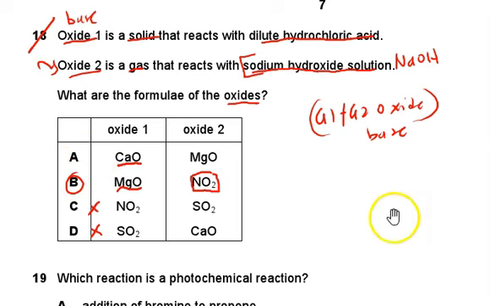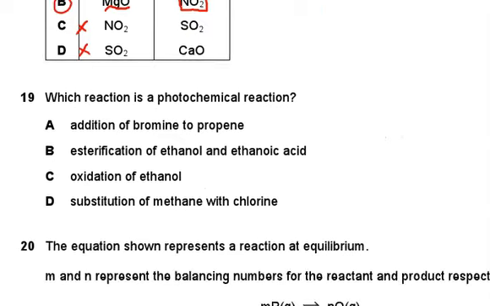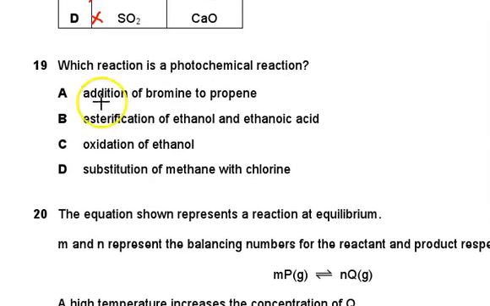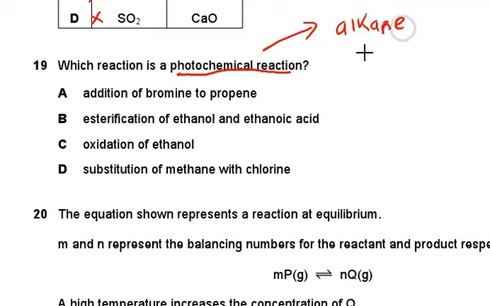Okay, now let us look at number 19. So which reaction is a photochemical reaction? So photochemical reaction here will be under alkane. Alkane under the substitution reaction.